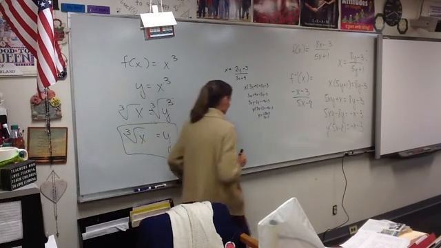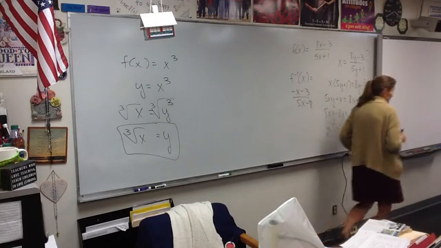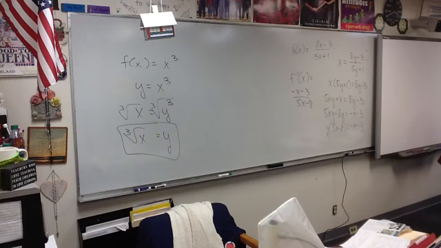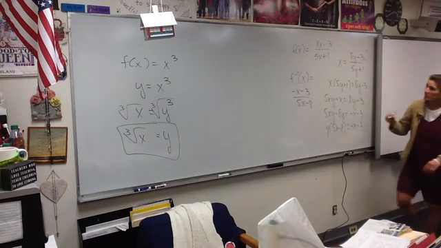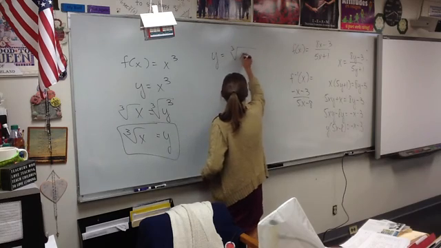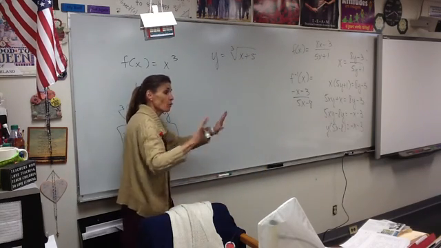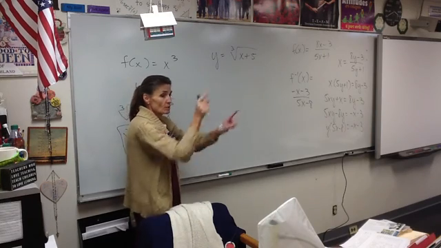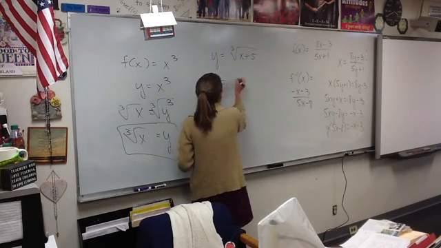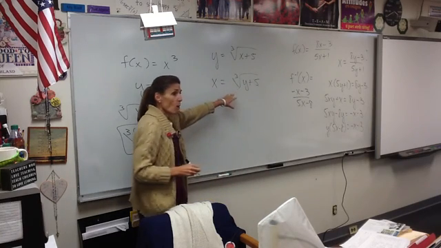Lindsay, 21. It's the cube root of x plus 5. It's kind of the same sort of thing, backwards. Step 1, always the same, never changes no matter what. What's step 1? Switch your variables. Now, you got to get y by itself.